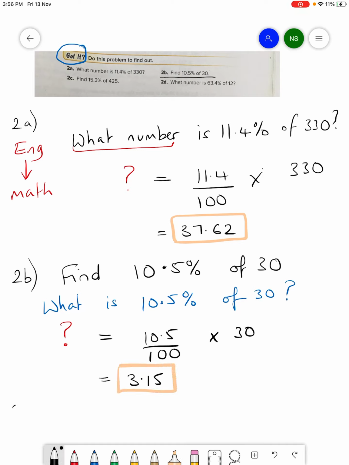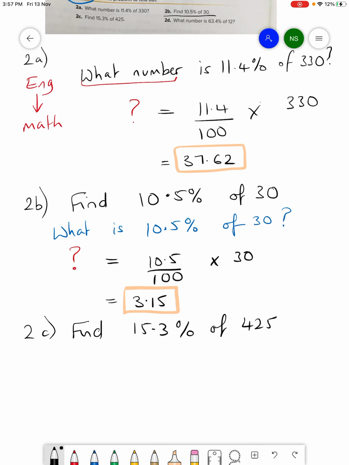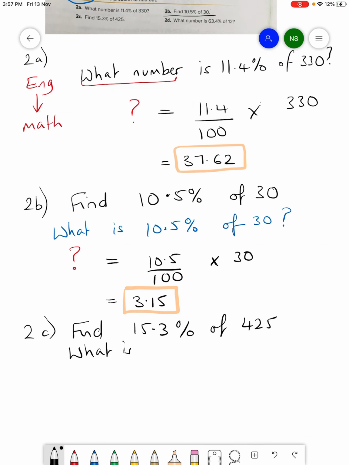Let's check you got the right answer for 2C now. Find, again it starts with find, but that's okay, 15.3% of 425. So we are going to change this as though it said what is 15.3% of 425. That's the same question. What is 15.3% of 425?